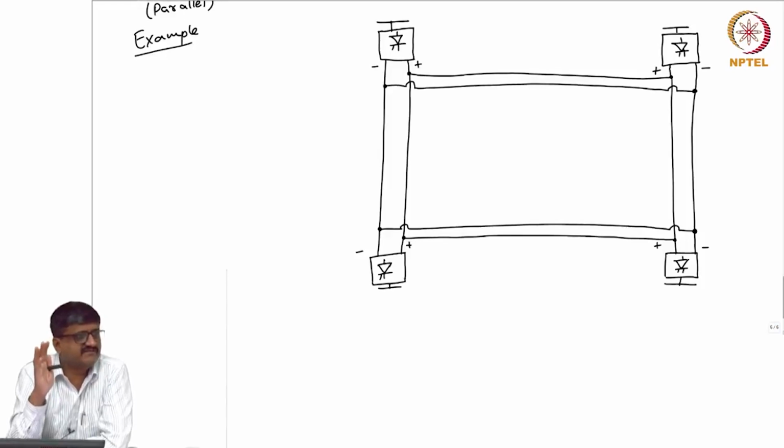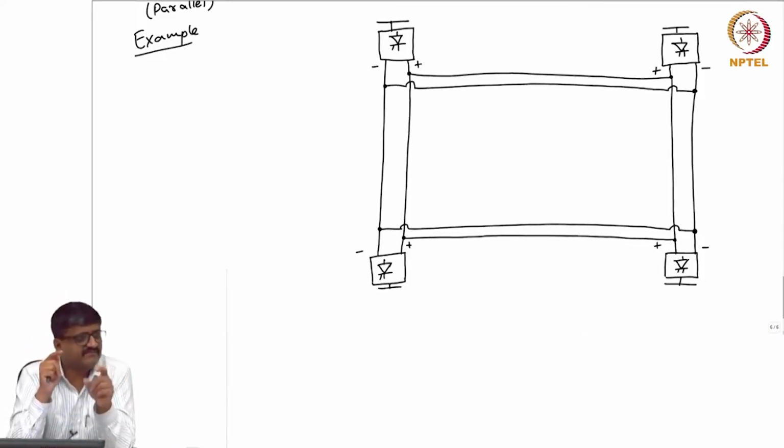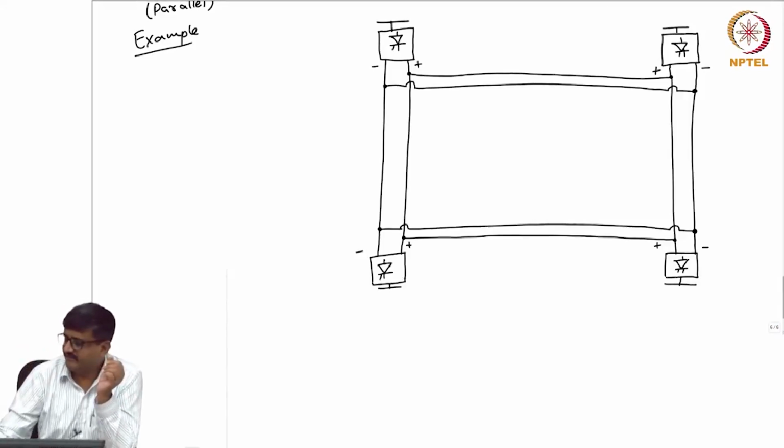Our AC transmission systems are mesh connections, unlike most of the distribution systems which are radial. If you have a radial connection and you lose one feeder or one transmission line, then you will form islands. But in a mesh system, if you lose one transmission line, then the system is still interconnected.